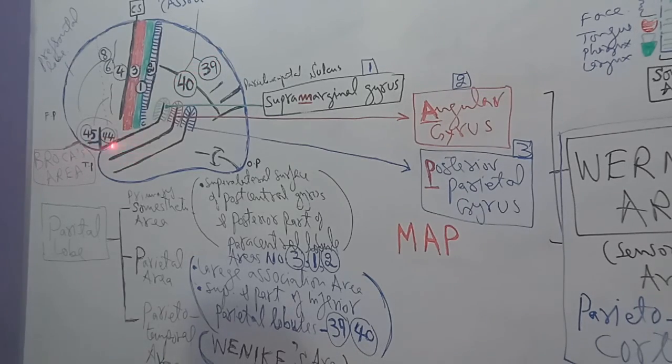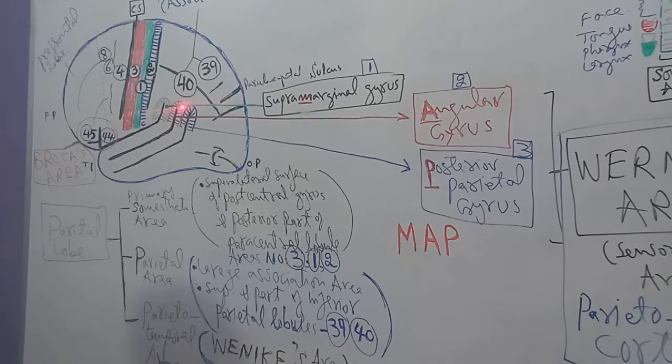Because areas 39 and 40 lie in between very important areas, the sensory cortex in the parietal lobe, the auditory cortex in the temporal lobe, and the visual cortex in the occipital lobe, the details of this area as far as function is concerned we will discuss in the next lesson.